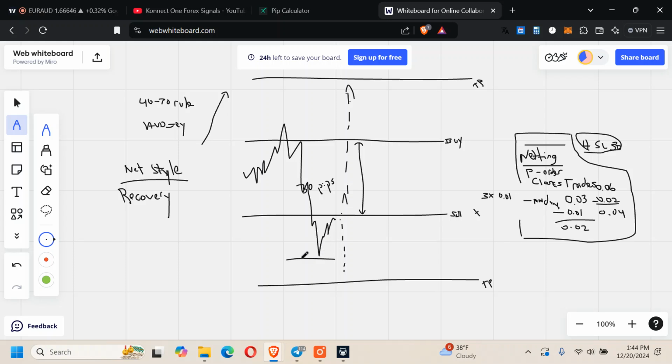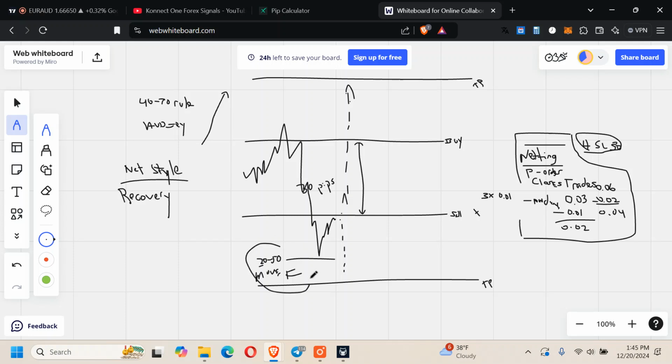So here would be between a 30 to 50 move that fails and ends up going back to retest or break, okay? And the next move will be 70.